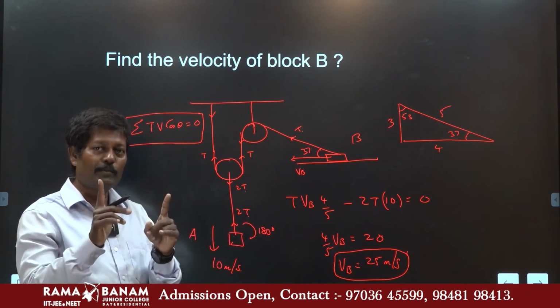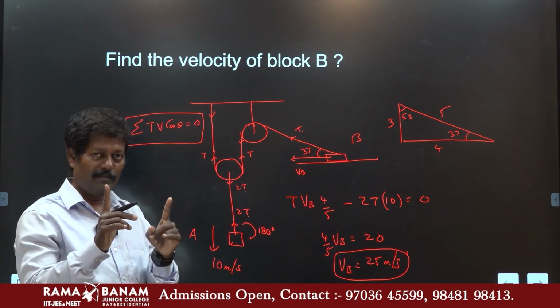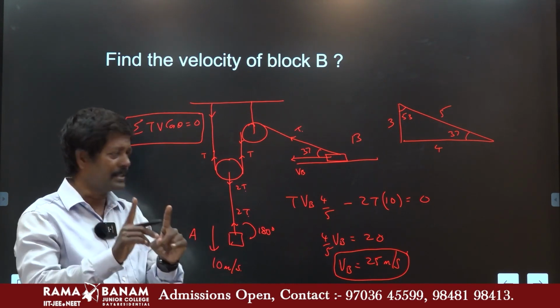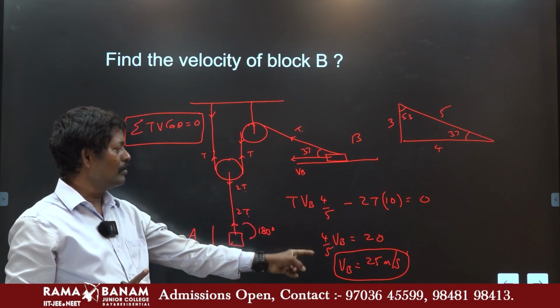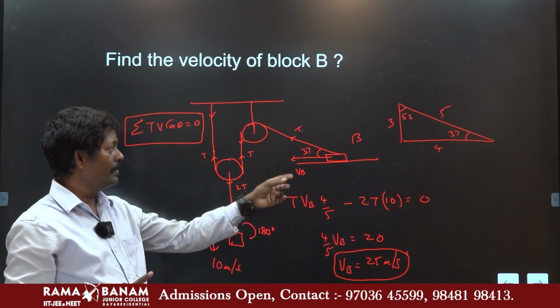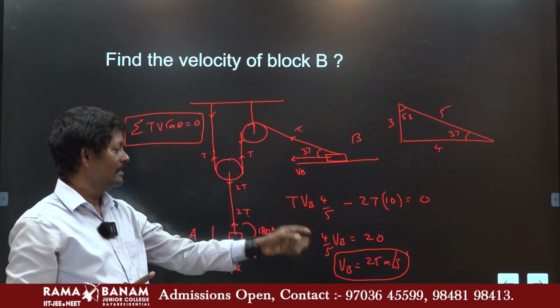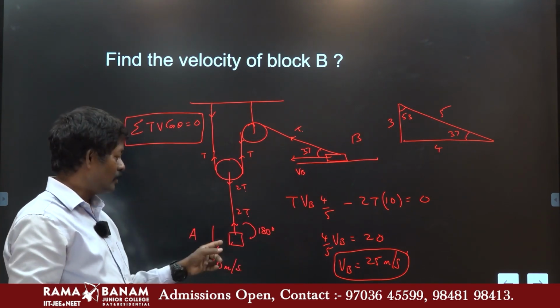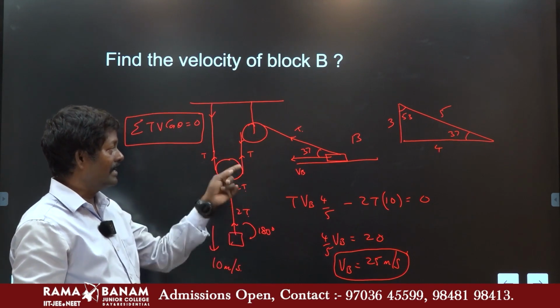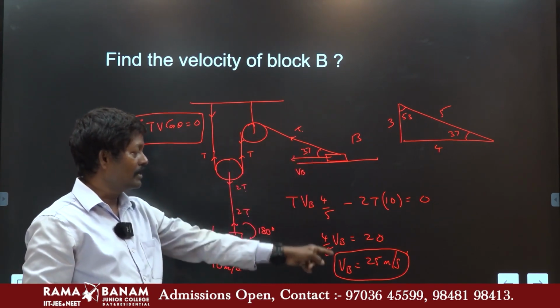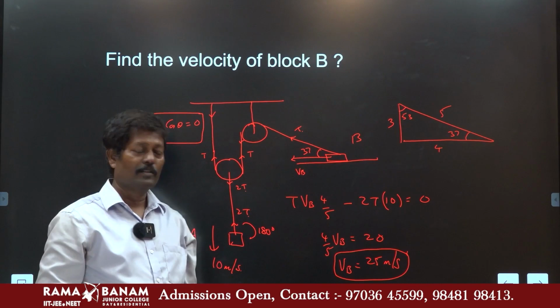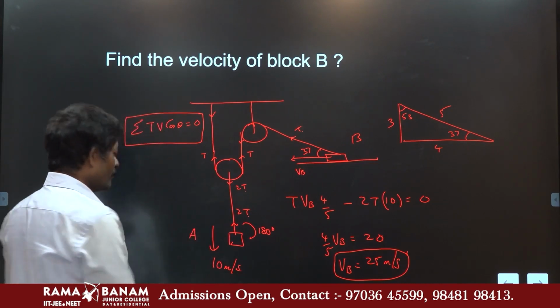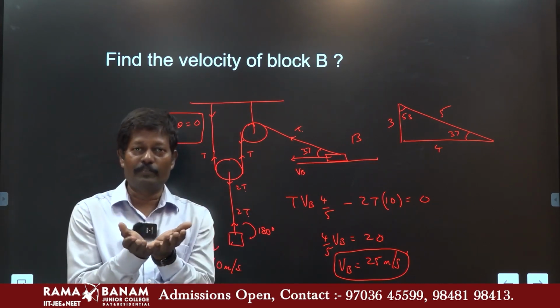We are doing the problem with only one equation, and with one equation you got the answer. The velocity of block B at that instant is 25 meter per second. At which instant? When the velocity of A is 10 meter per second, at that instant B has a velocity of 25 meters per second.